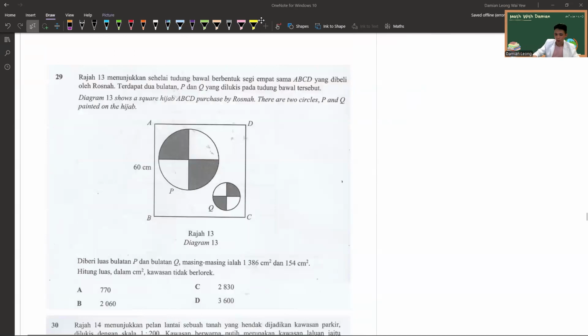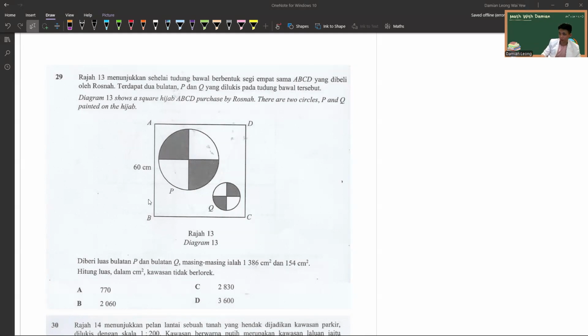Okay. And question 29. So here we want to find the area of the unshaded region. Okay. I'm given area of both circles P and Q, 1386 cm squared and 154 cm squared. So what we can do is we look at the shaded regions.